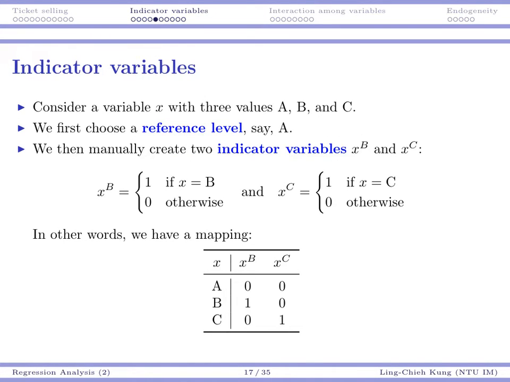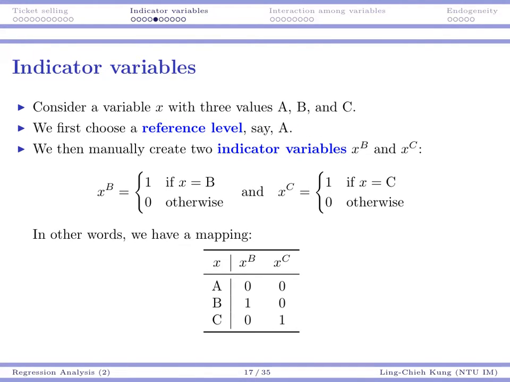In that case, we really need something called indicator variables. So let's consider a variable x with 3 possible values. Let's call them a, b, and c. The first thing to do is to choose a reference level. The meaning will be very clear later. But anyway, for the 3 possible values, we need to first choose one reference level.